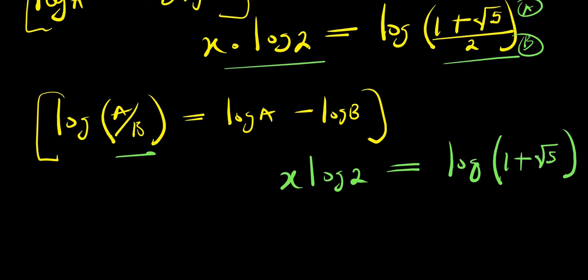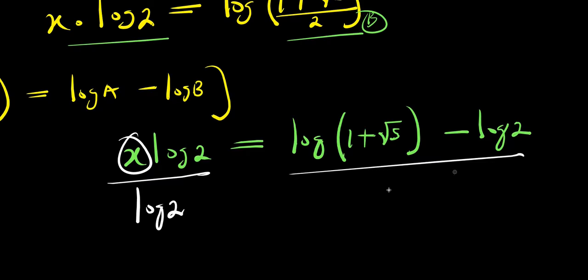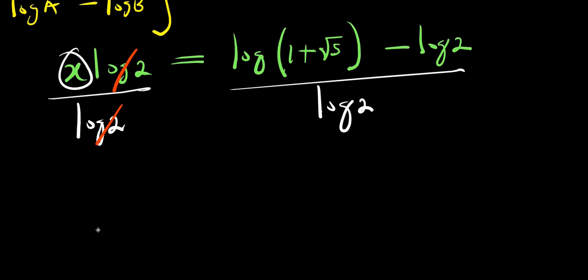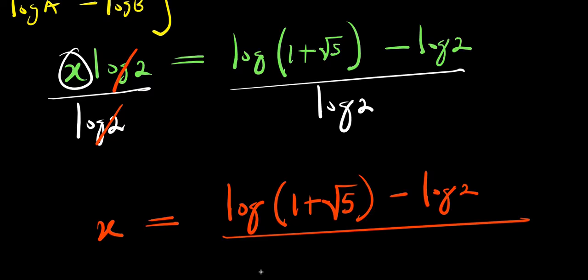So we can isolate this x by dividing this by log 2 and dividing this by log 2. So log 2 eliminates log 2. We have x equals log of 1 plus root 5 minus log 2, divided by log 2.